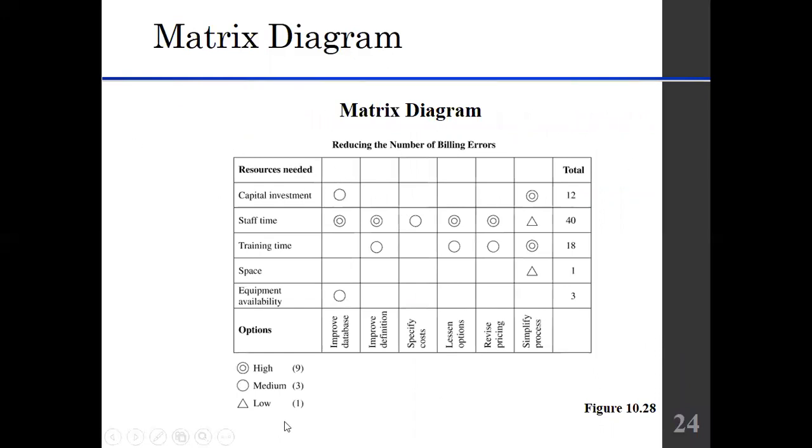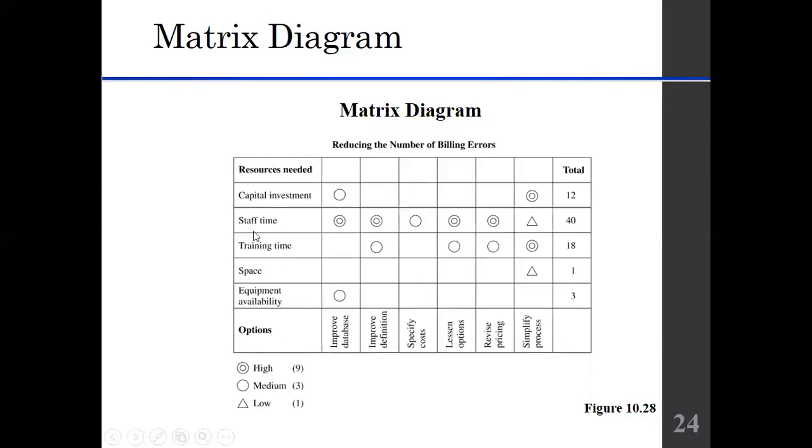So this is actually a matrix, and here we have the resources needed. For example, the main title is reducing the number of billing errors. So how can we reduce the number of billing errors? We can consider two things, the resources needed and the options we have.